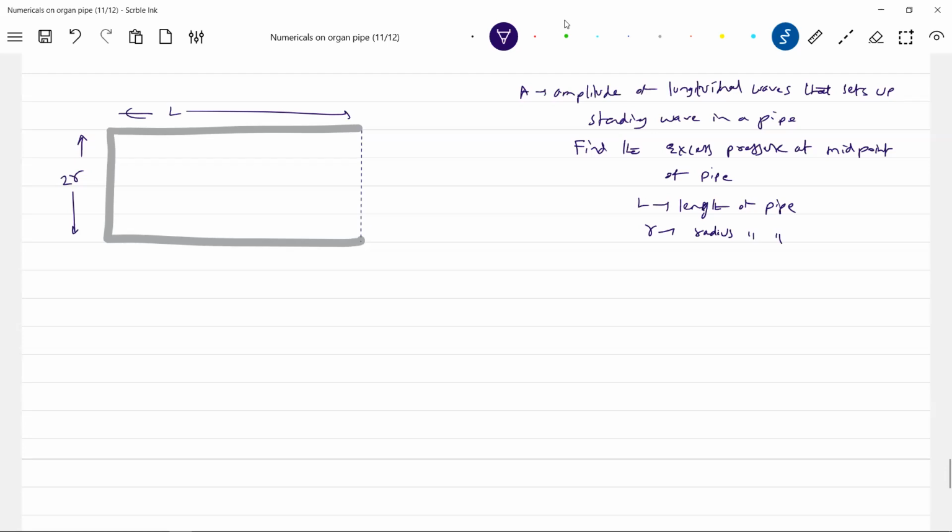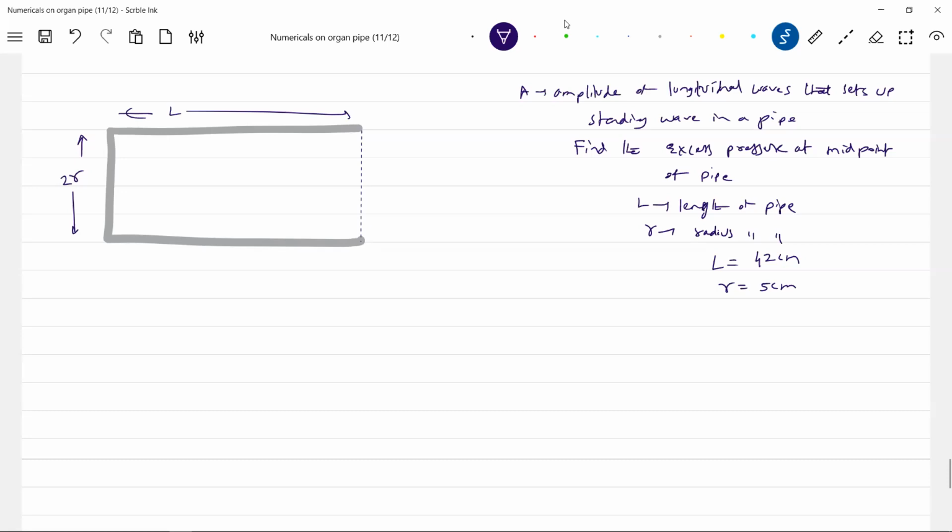Let me give the value of L, the length of the pipe, 42 centimeter, and the radius of the pipe. Usually they give the diameter, I am directly giving the radius of the pipe. Find the excess pressure at the midpoint of the pipe.